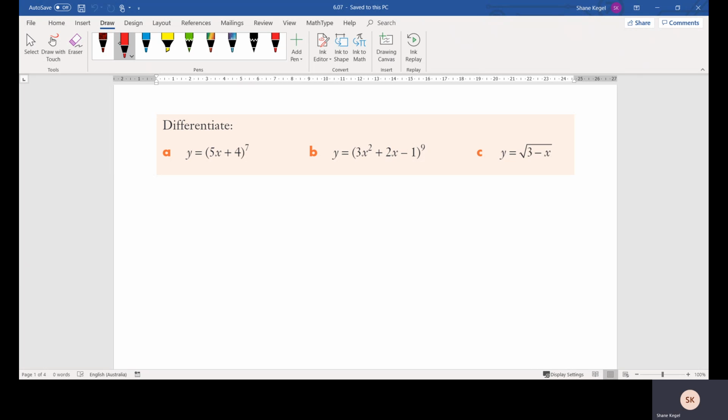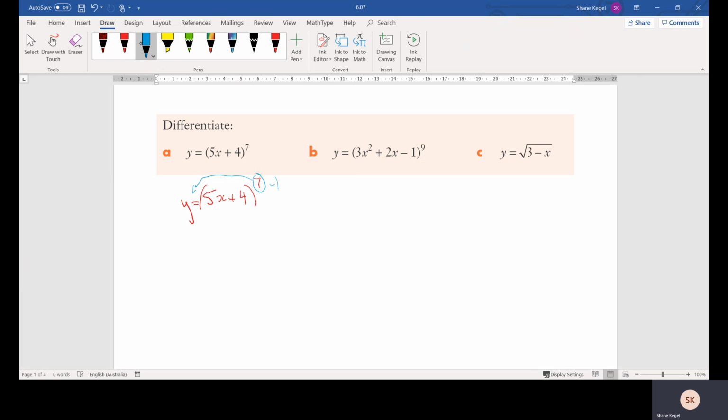So what I have here is question A, y equals (5x plus 4) to the power of 7. And the way I treat this is I still use my standard rule, which is I bring my power down the front, multiply, and then I subtract 1 from the power.